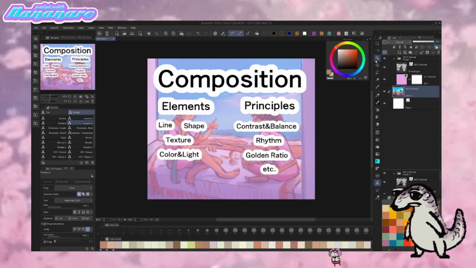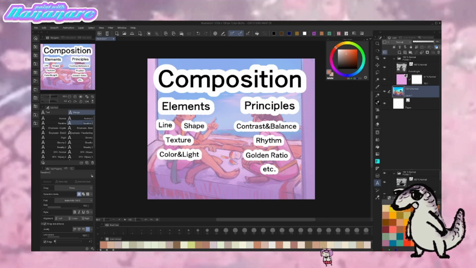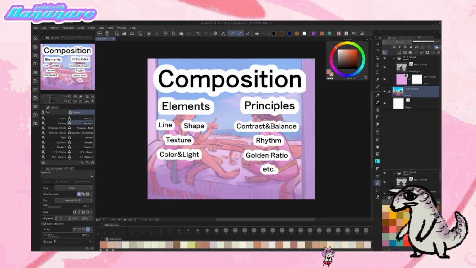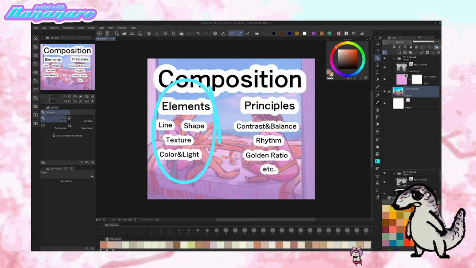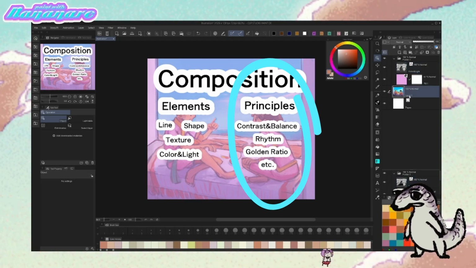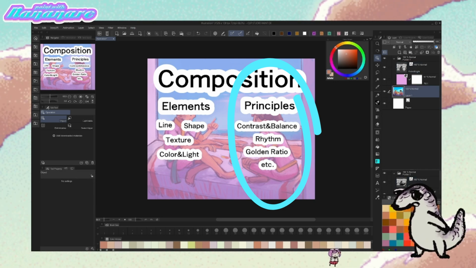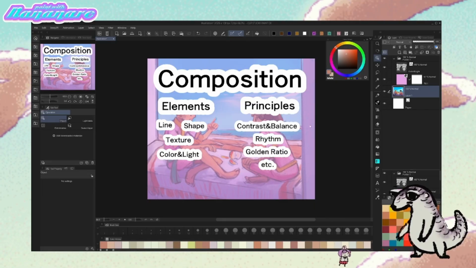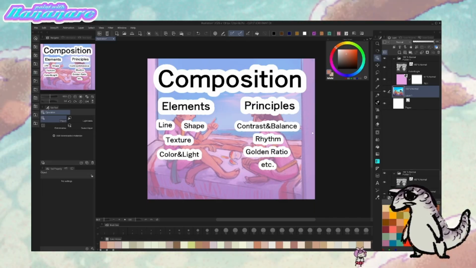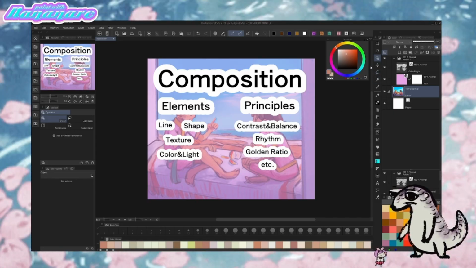So composition is made up of smaller elements, and those are line, shape, texture, colors, and light. And in order to control that, we have to know these principles that we can base on to arrange our elements to give the meaning that you want to give from your art.